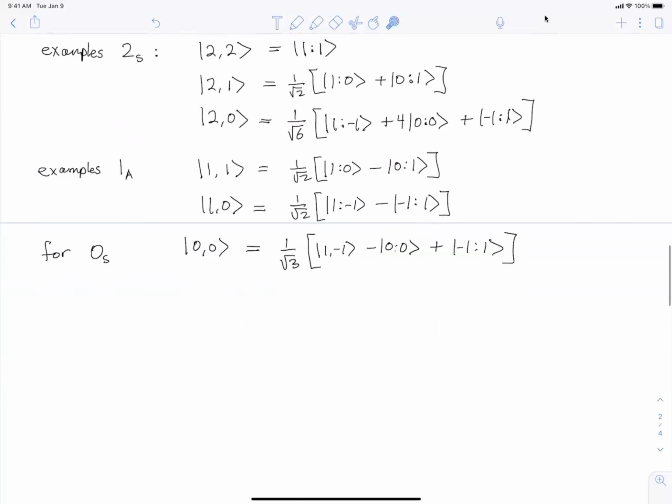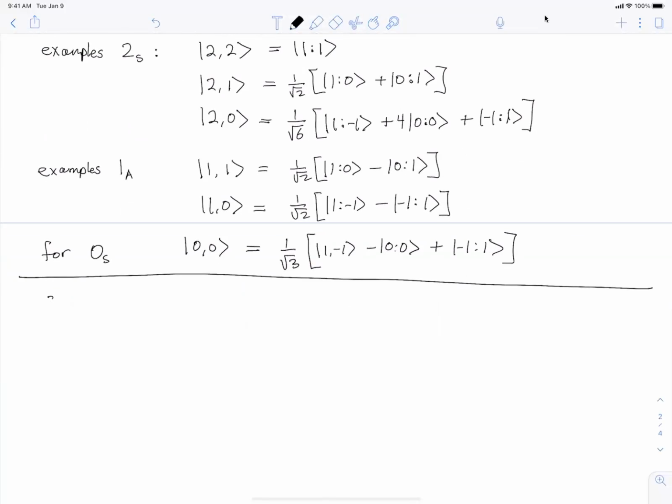Okay, and then for even more complicated things, if I take an angular momentum 3/2 state and I tensor product with another angular momentum 3/2 state, I get the following combinations. There's an angular momentum 3 state, which is symmetric, an angular momentum 2 state that's anti-symmetric, an angular momentum 1 state that's symmetric, and an angular momentum 0 state that's anti-symmetric.